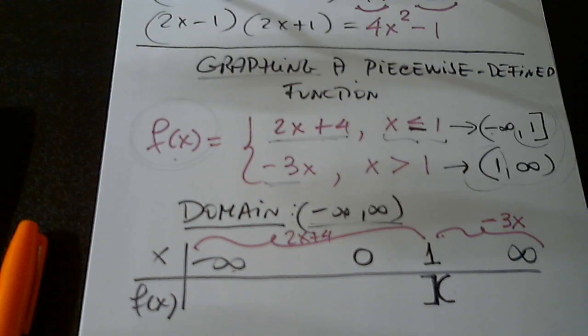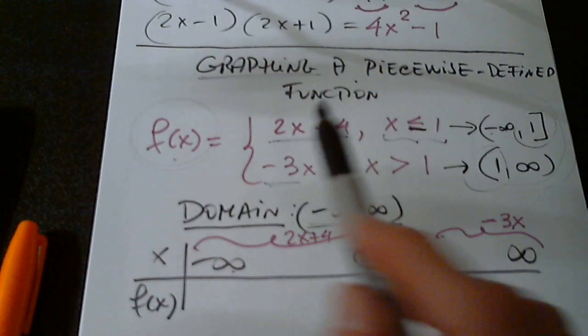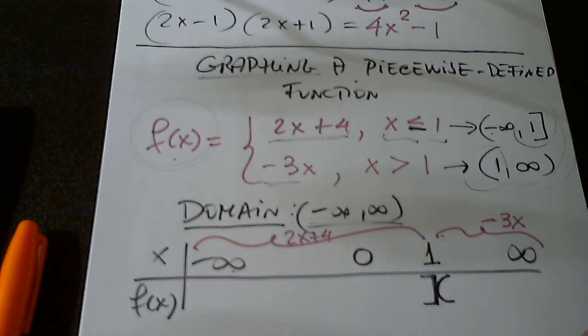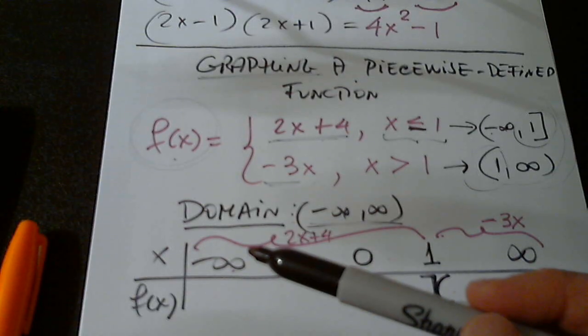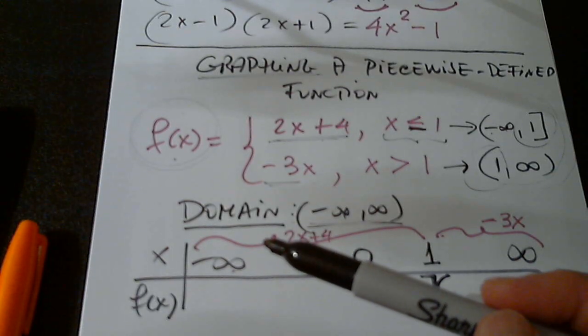Can anyone tell us they are such and such? What functions? Anyone will give it a shot? What type of functions are these? No one remembers what 2x plus 4 or negative 3x is. Is it logarithmic? Is it exponential?